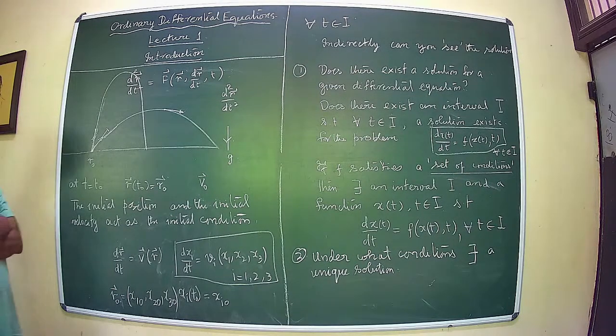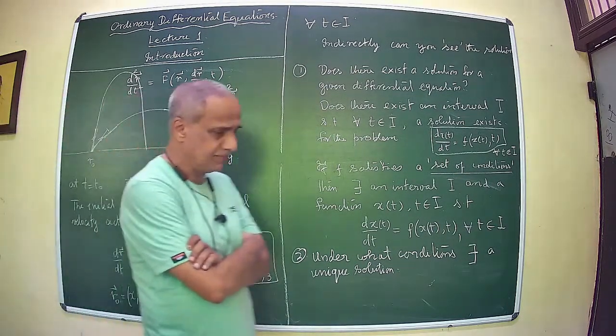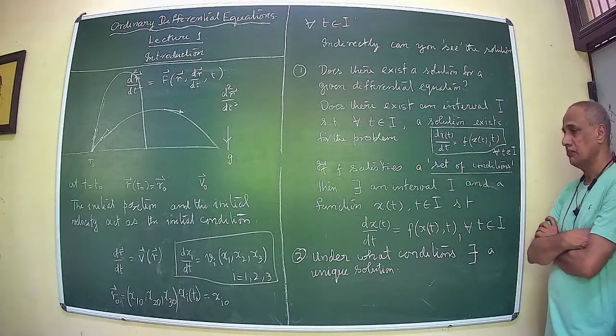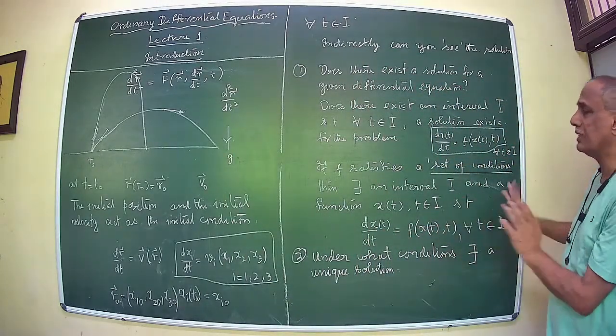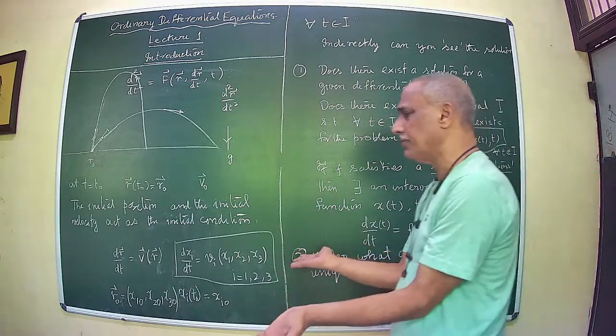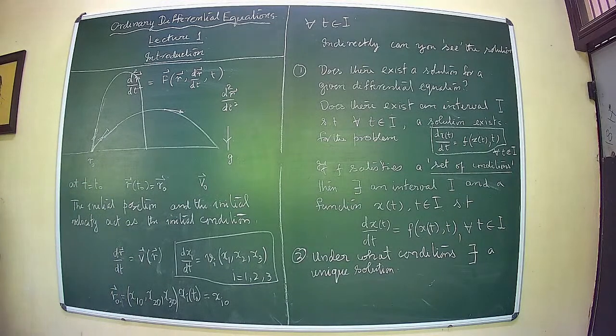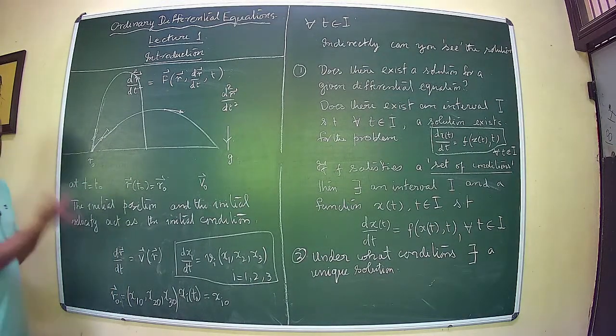Now you will see that in the physical world this is nearly built into the problem itself. Why? Because first of all, the force field has to be known, or the velocity field has to be known in the problem, and that is an approximation to the reality.